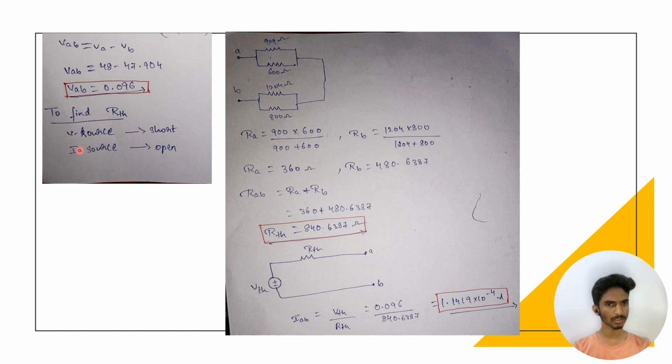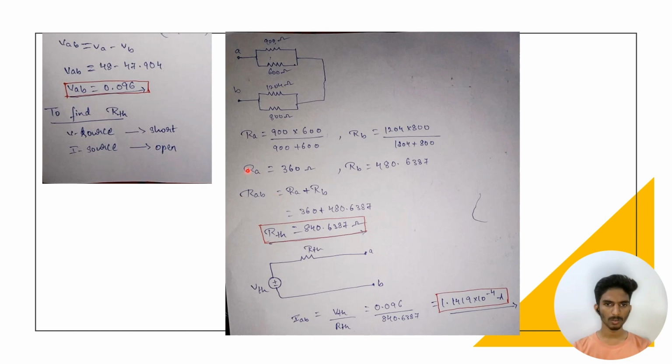To find RTH, the voltage source should be shorted and the current source should be open. We are rewriting the circuit in a simplified form. Now RA: these two resistors are in parallel, so we write the parallel combination formula, and these two resistors are in parallel, and RB we write in the parallel form.